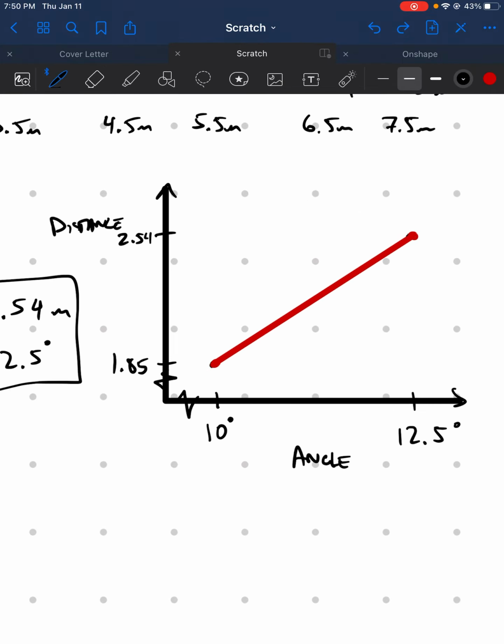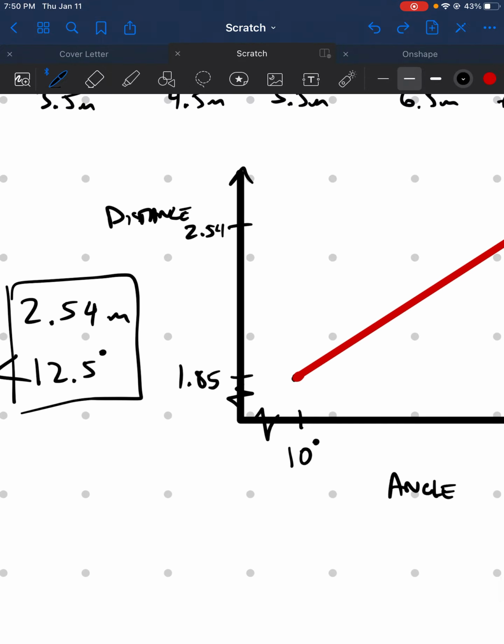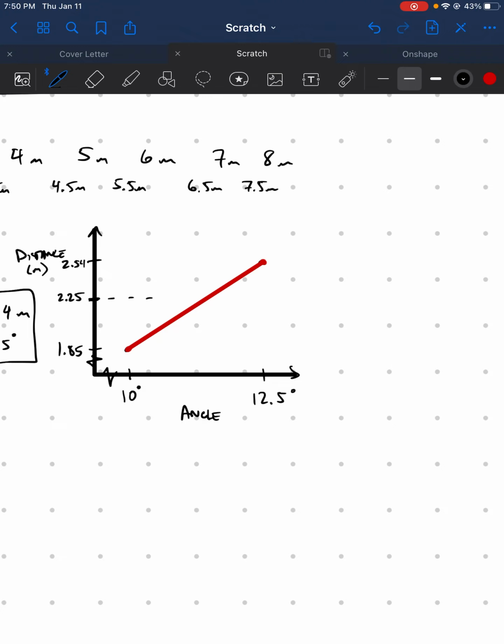So again, 1.85. This 2.25 is going to be a little closer to the 2.54. And so we're going to end up looking at somewhere right here, right?